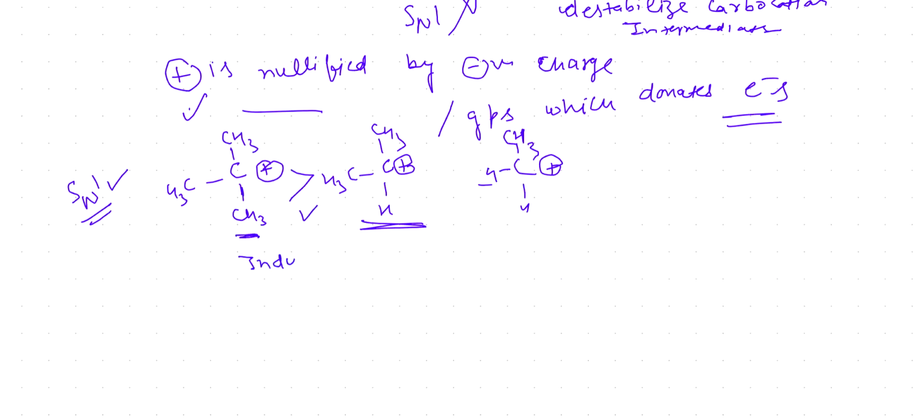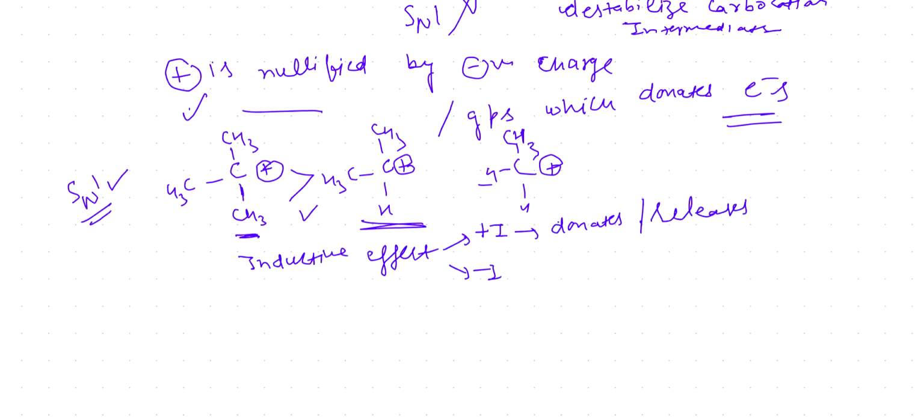Inductive effect is always of two types, plus I and minus I. Groups which donate, or you can use the term release, electrons show plus I effect. Here the methyl group shows plus I effect.